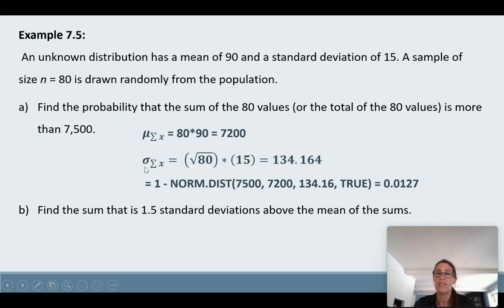Our new standard deviation for our sample sums is the square root of our sample size, square root of 80, times our old standard deviation, 15, which in this case is 134.164. And we're finding the probability that the sum is greater than 7,500, so we're going to do 1 minus.